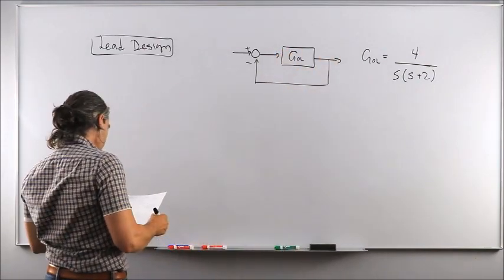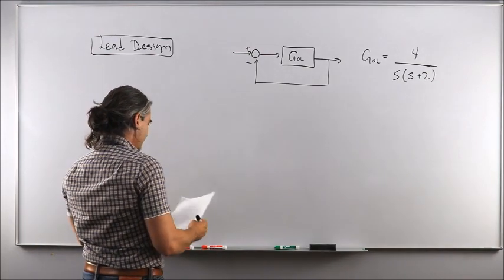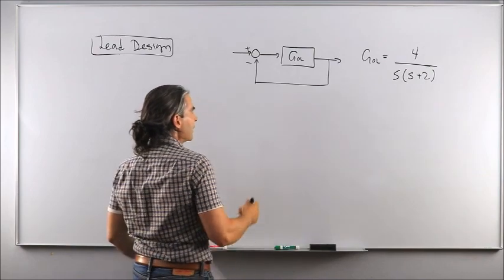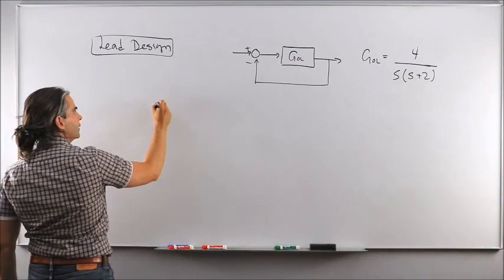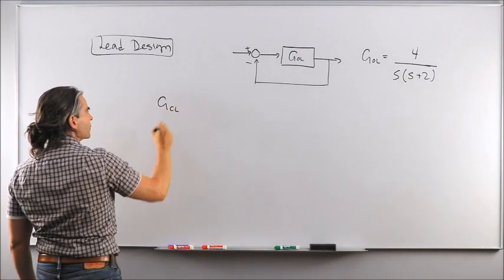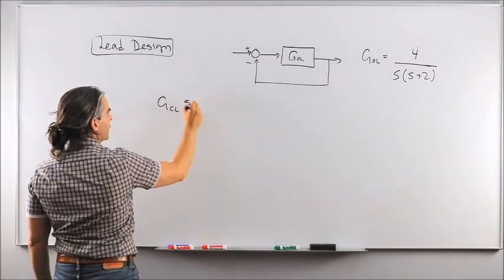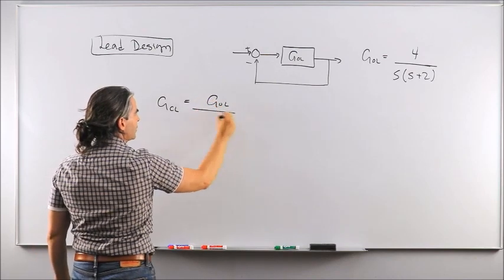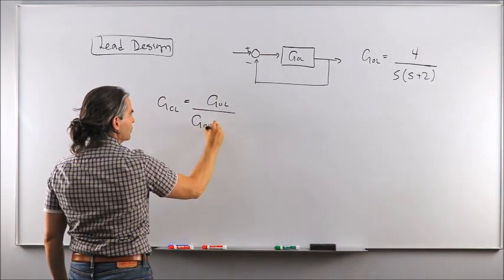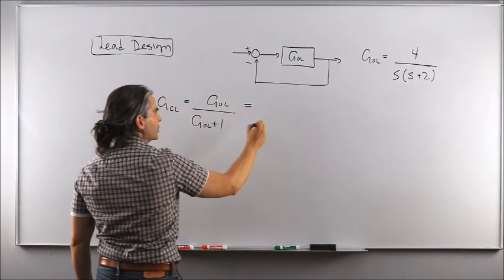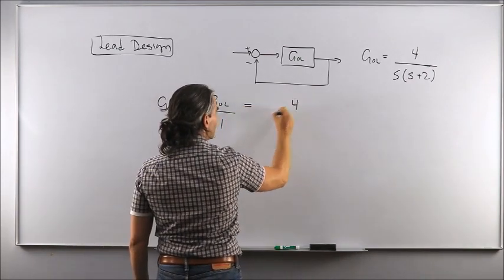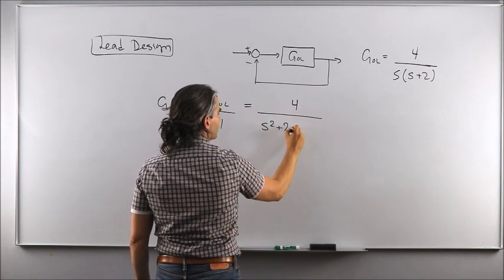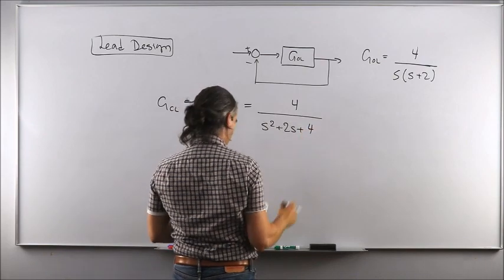Okay. So the first thing you want to determine is the current closed loop poles. Where do they stand? Okay. So for that, we're going to look at calculating the closed loop transfer function. And because of this feedback configuration, you should know that this is simply G open loop over G open loop plus 1, which is going to end up to be 4 over S squared plus 2S plus 4.